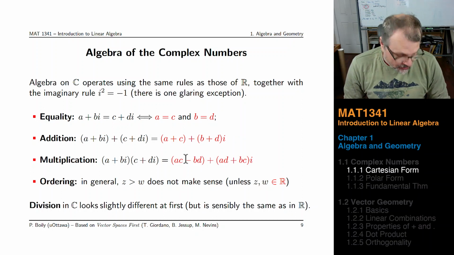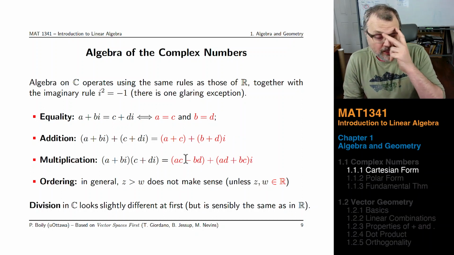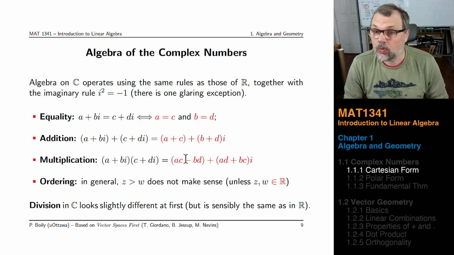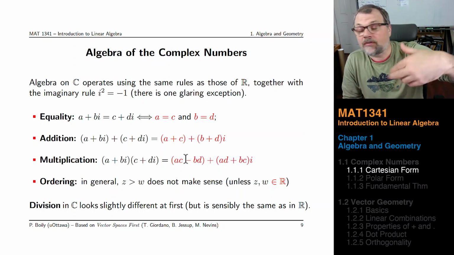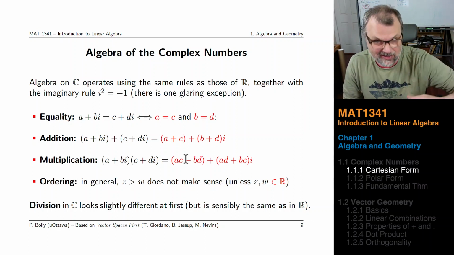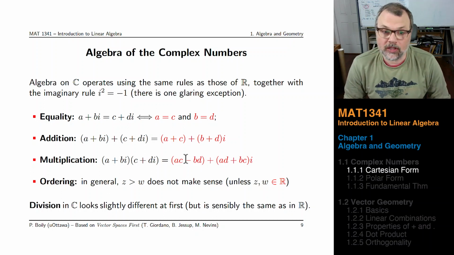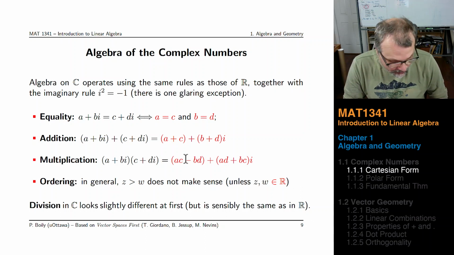One thing I should mention about equality, addition, and multiplication: if you are restricting yourselves to the subset of the complex numbers which is the real numbers, if the imaginary parts are 0, then equality, addition, and multiplication of complex numbers is exactly the same as equality, addition, and multiplication of real numbers. Take multiplication, for instance.